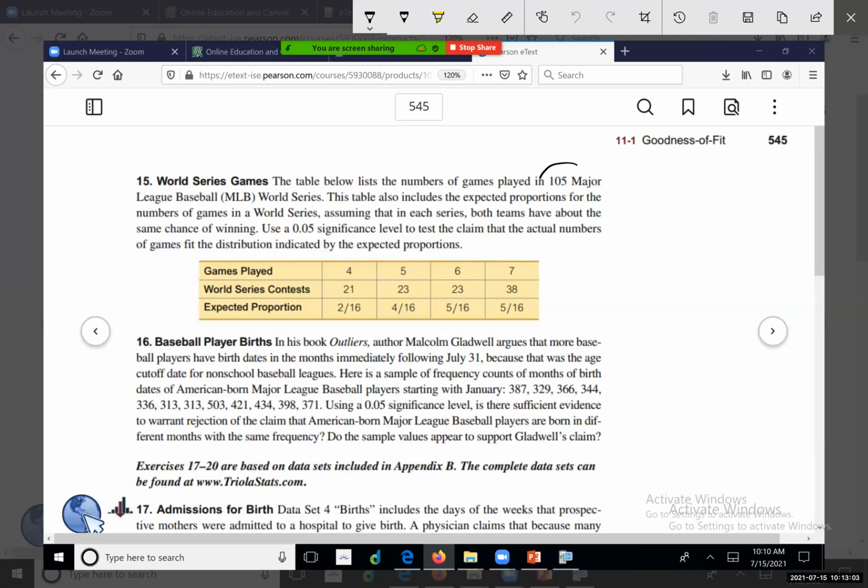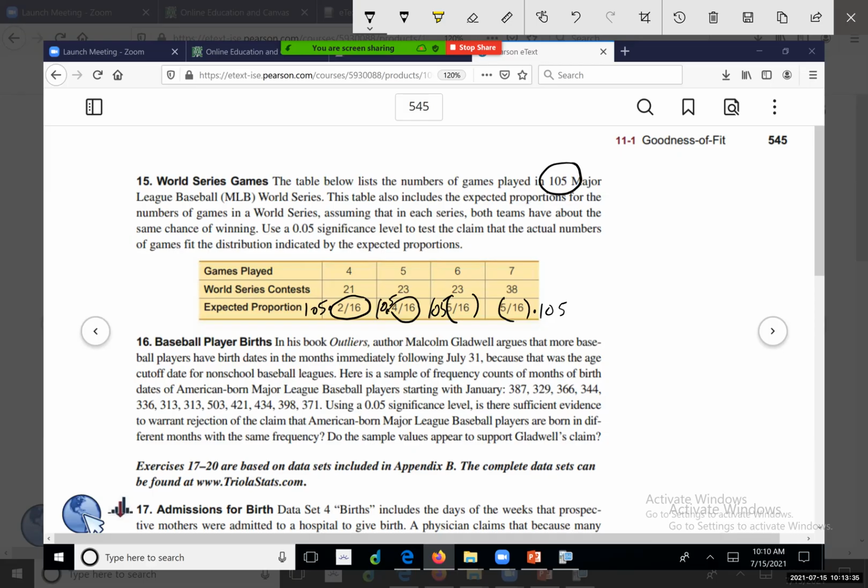Remember, there were 105 major league series, so you need to multiply each of these by 105 to find the number expected. Exactly like when we were multiplying a decimal with a percentage, like 45 with 50%. So you need to multiply by the fraction because that's a proportion as well, to find the number expected.